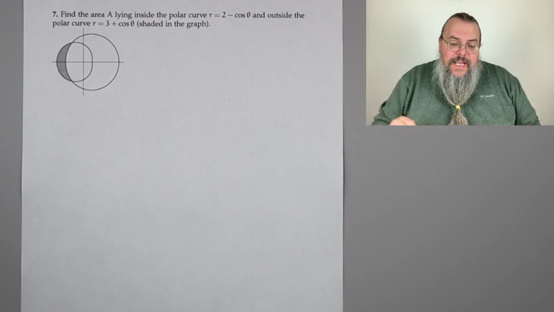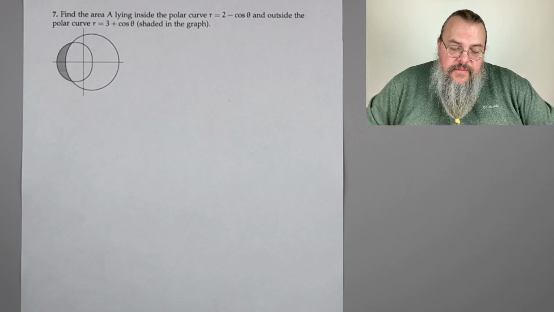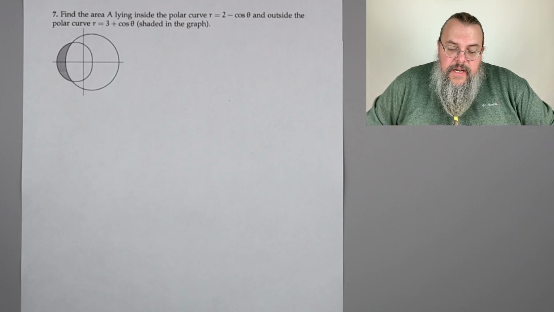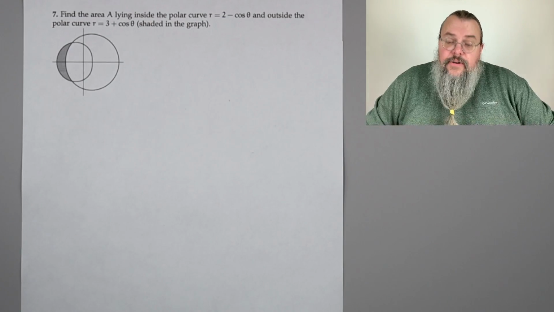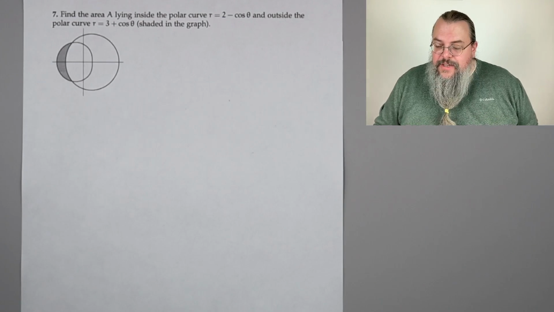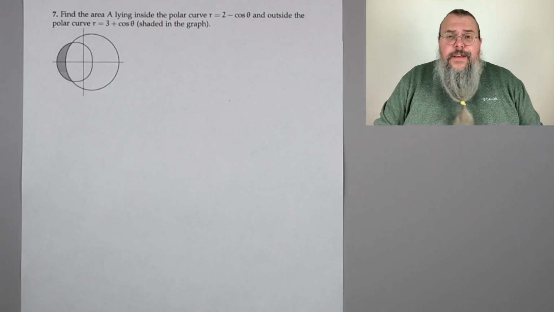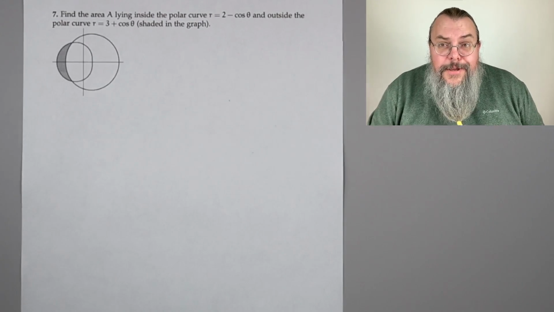So, find the area A lying inside the polar curve r equals 2 minus cosine theta and outside the polar curve r equals 3 plus cosine theta. And it's shaded in the graph. So yeah, it's another problem that you could say seems a bit shady.